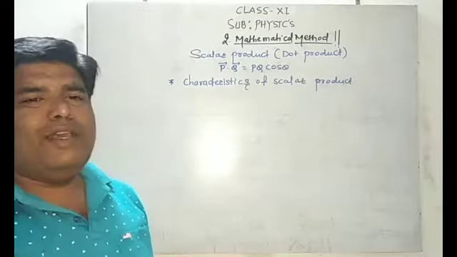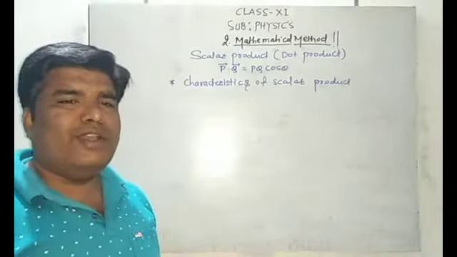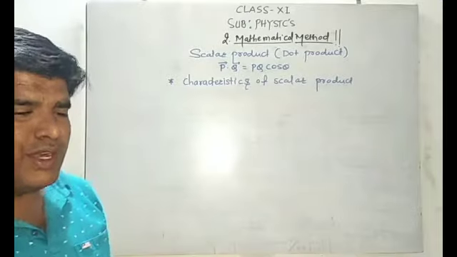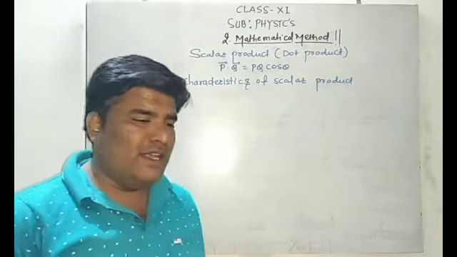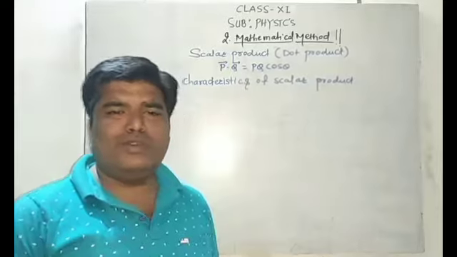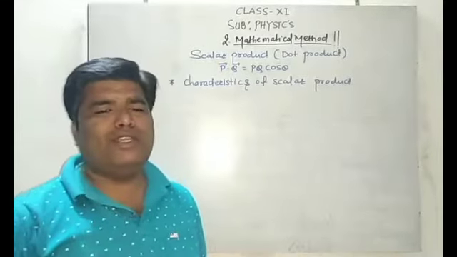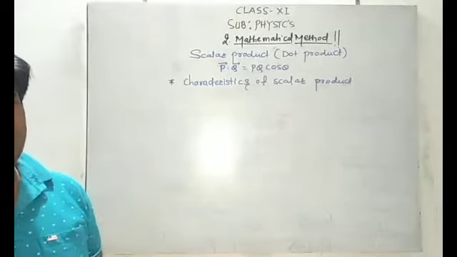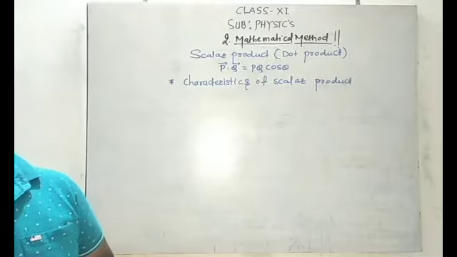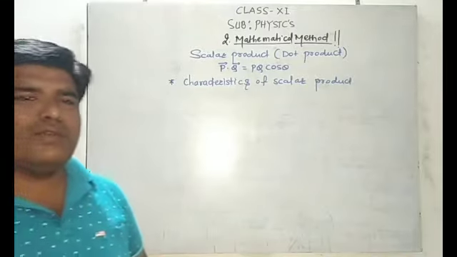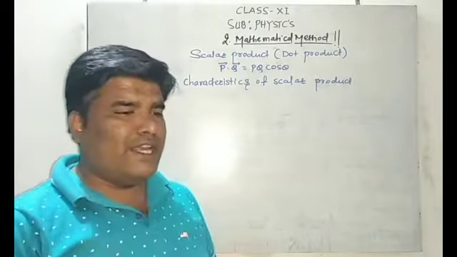And if the product is a vector quantity, it is called a vector product. Both are multiplications of vector quantities, but the difference between the two is that sometimes the result is a vector quantity and sometimes it is a scalar quantity.